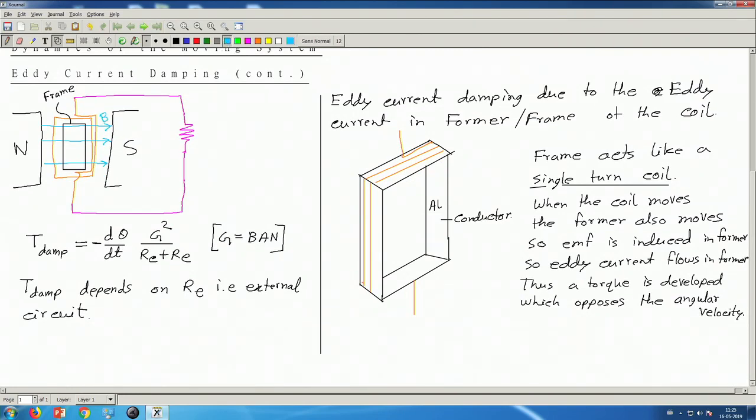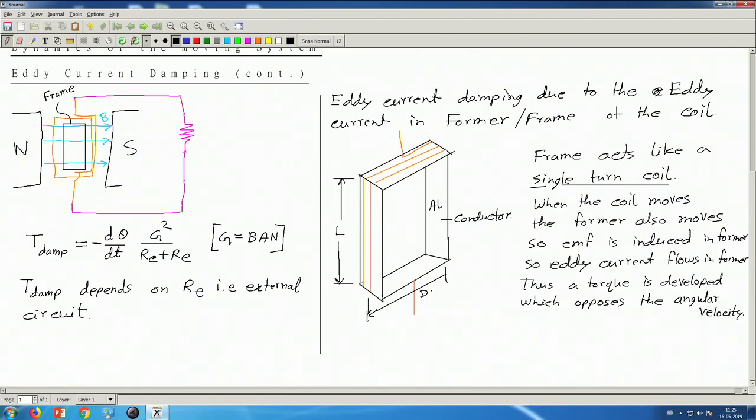Assume the flux density to be B, assume the length of this former to be L. So, this is the length of the former, then the diameter or the width of this former, call it W or call it D as per the standard notation.